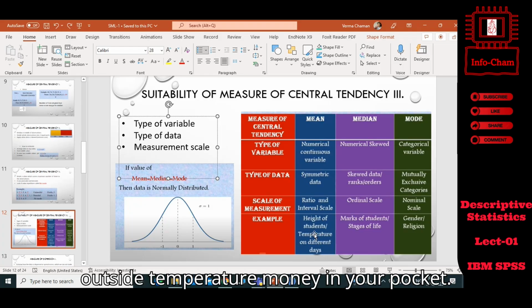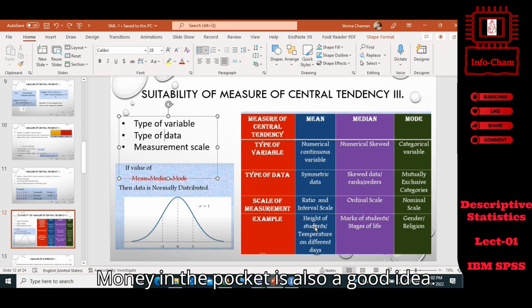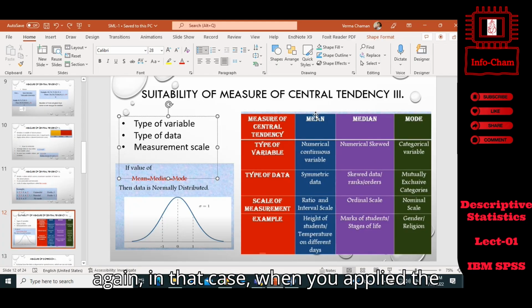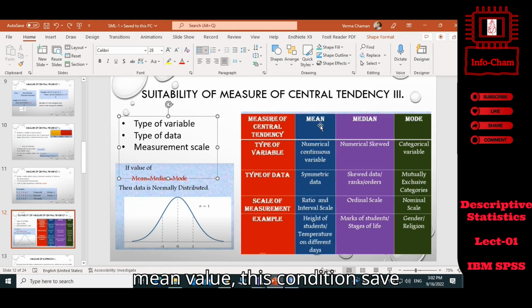Outside temperature, money in your pocket, are also good examples. So in real life we have a lot of things. You can understand this is a continuous value. In that case, you apply the mean value.